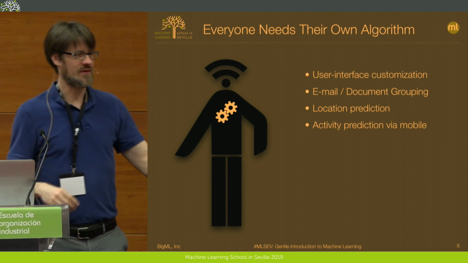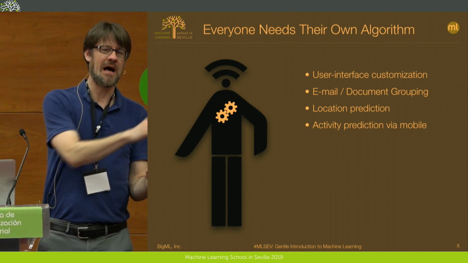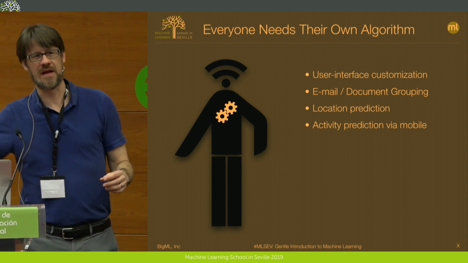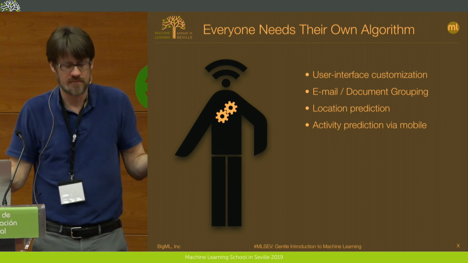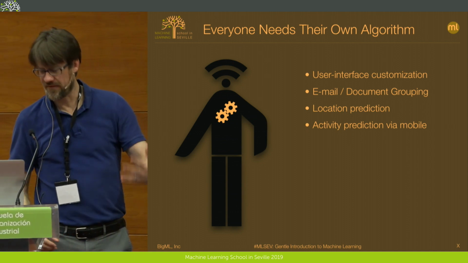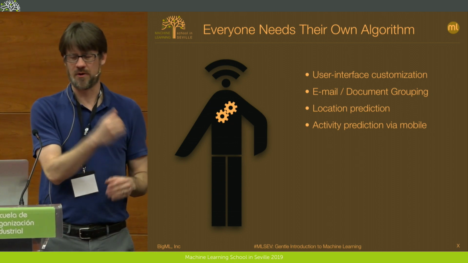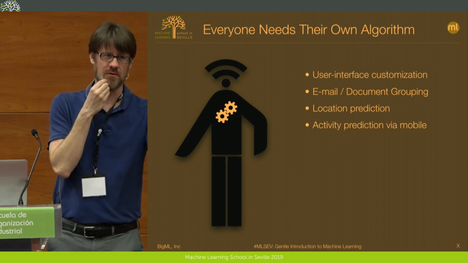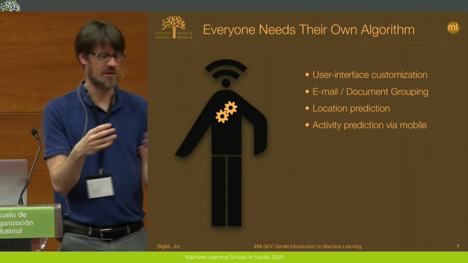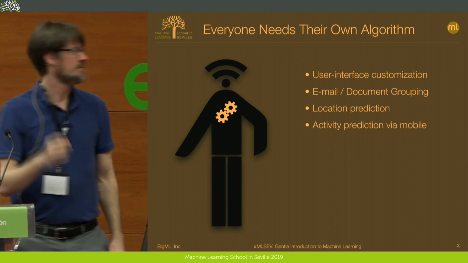If I do 5 things, even if I do the same 5 things as somebody else, the thing that I do next might be different from the thing that they do next, because we have different ways of using the interface. And so it can be advantageous in those situations to build everybody their own separate machine learning model, which is something you obviously can't do as a programmer, because you're not going to go to your millions of customers and hand code a model for each one of them.